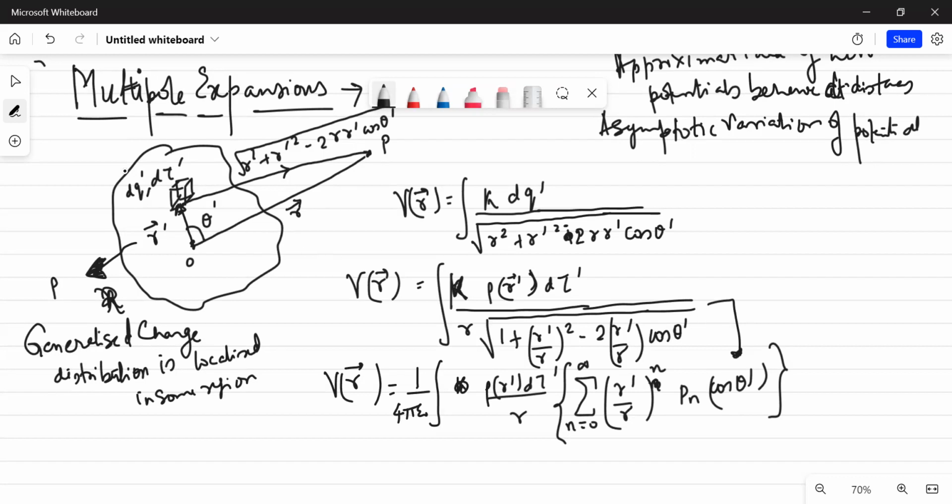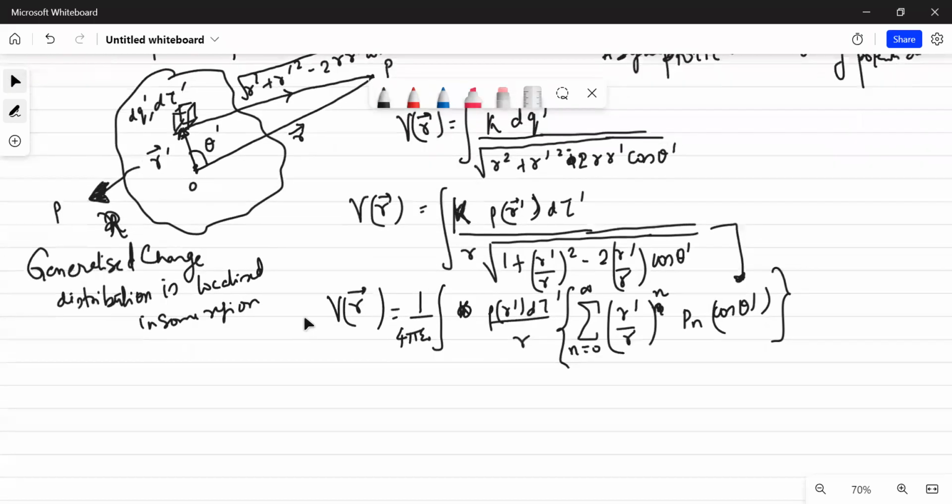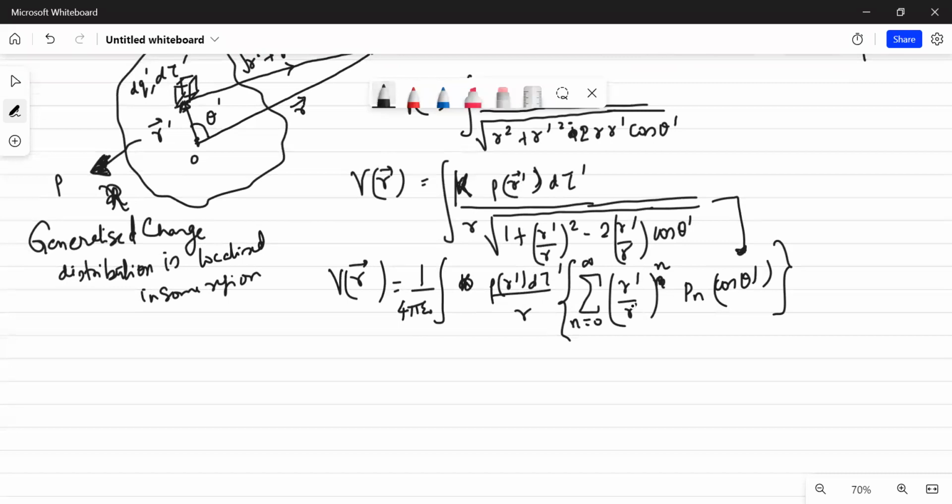So in any case, if I want to write it in more decent fashion, this integration is going on prime coordinates, so you can take unprimed coordinates completely outside. So I've written V as a function of r can be written as 1 over 4 pi epsilon naught, and I will write simply r raised to power n plus 1. नहीं, एक काम करते हैं, n है ना यहाँ पे, तो इसको तो सम में तो लेना ही पड़ेगा.